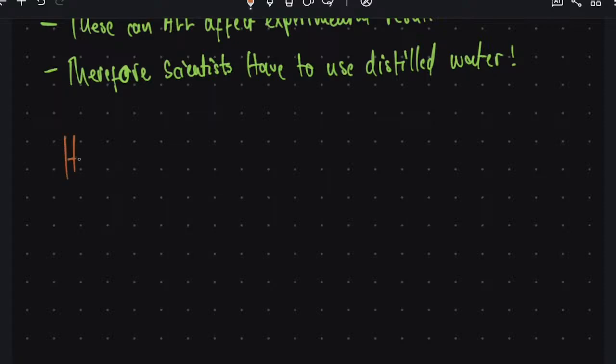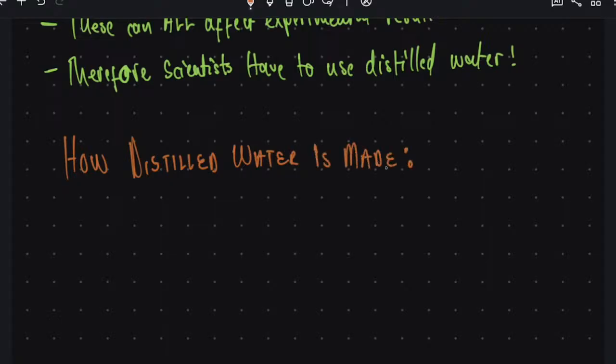How is distilled water made? What is distilled water and how is it made? Step 1. How do we make this distilled water, which we love, which has no impurities?